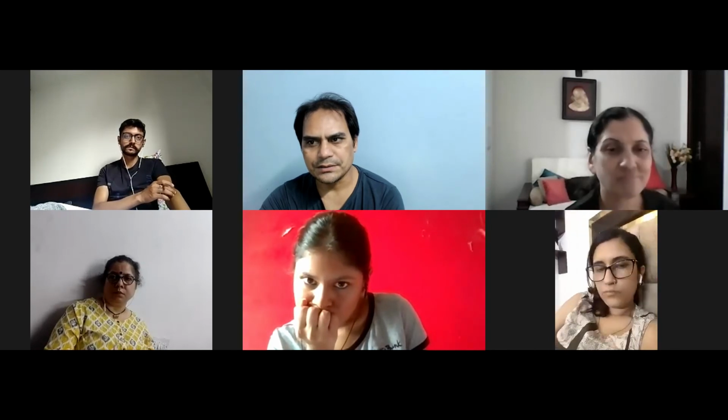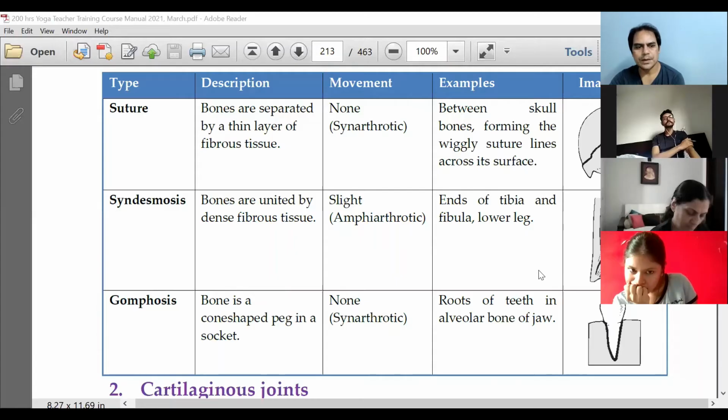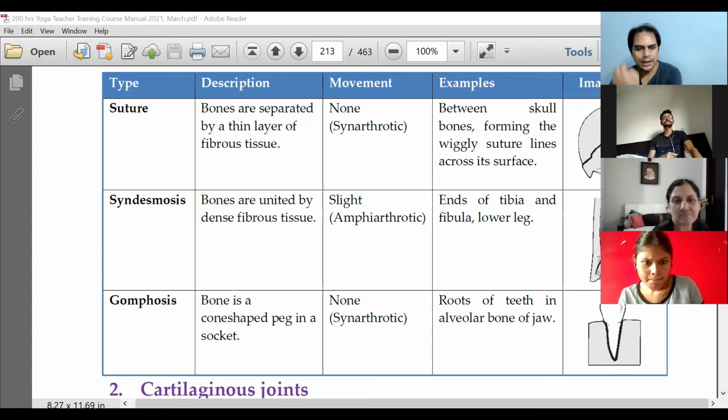Again, I'll share my screen. Okay. Can you see now? Yeah, this is skull. So there is joint in this skull also. And this is leg, ends of the tibia and fibula, lower leg.